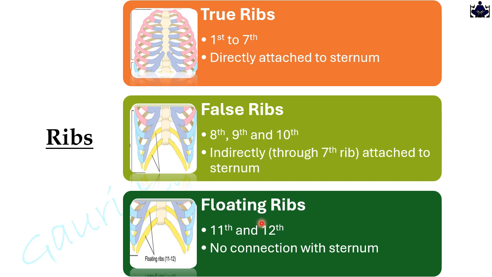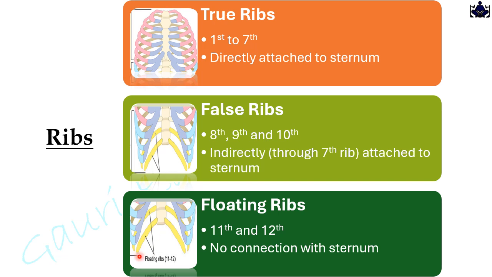The third type is known as floating ribs. The 11th and 12th pairs do not show any connection with the sternum. Because of that, they are known as floating, as they are not attached on the ventral side and are only attached to the last, 11th and 12th, thoracic vertebrae.